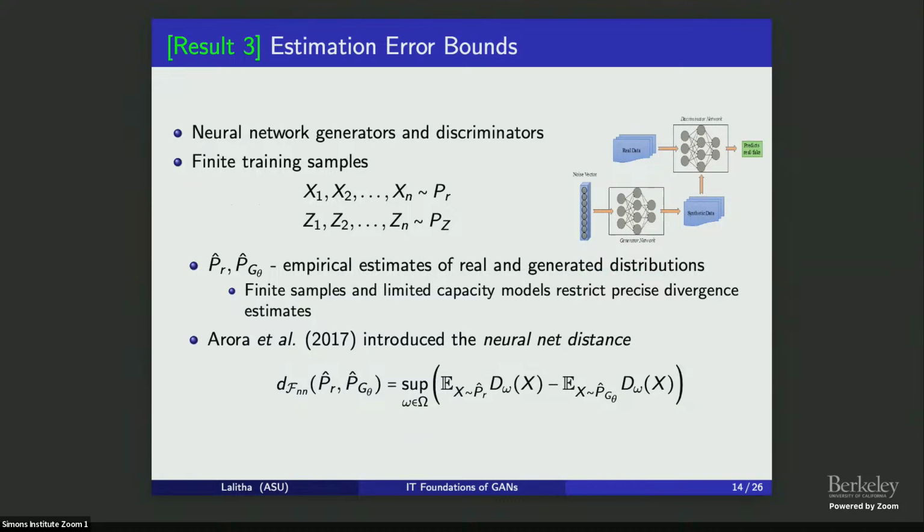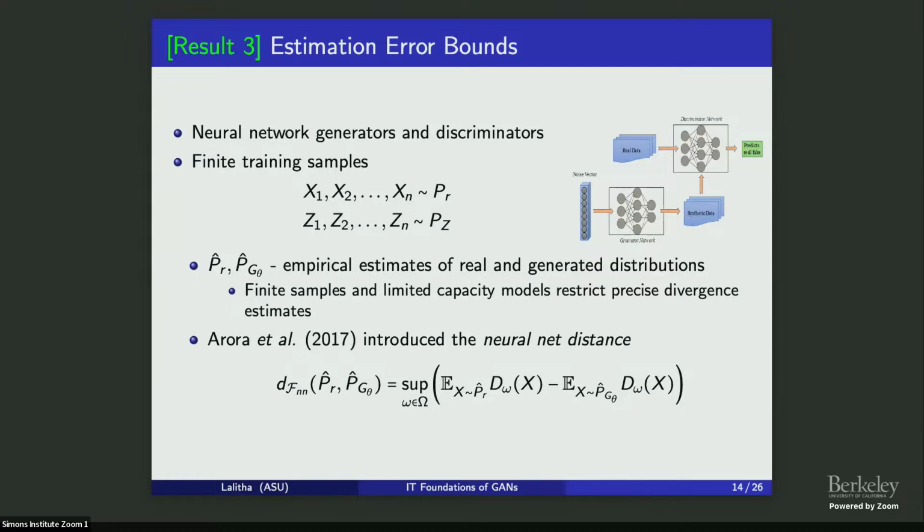And this immediately leads to the following problem: you cannot get a precise estimate of the divergence when you only have finite samples. In fact, Arora et al. showed that when you have a finite number of samples, you are lower bounded away from the true divergence by a certain amount for, say, the Wasserstein GANs, for the f-GANs, and so on and so forth.